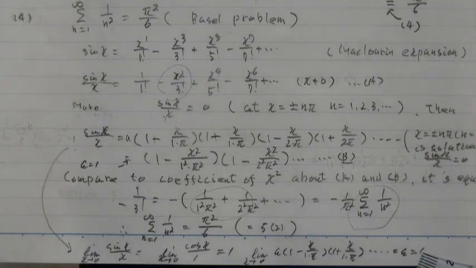And sine x equals x over 1 factorial minus x cubed over 3 factorial plus x to the 5 over 5 factorial minus x to the 7 over 7 factorial plus and so on. This is the Maclaurin expansion.